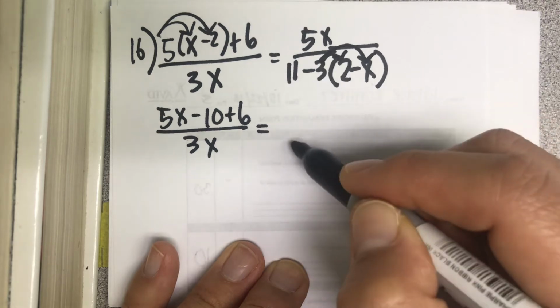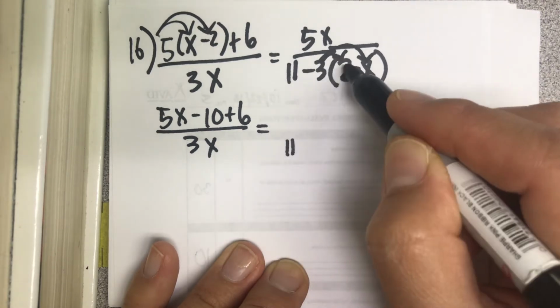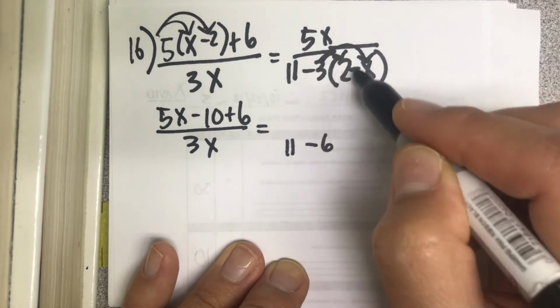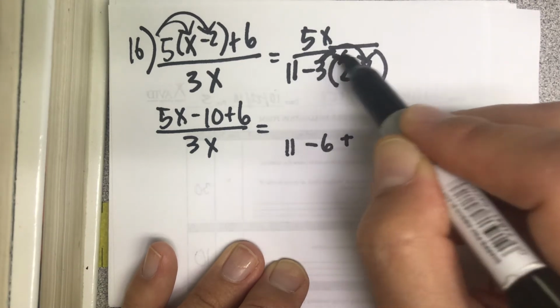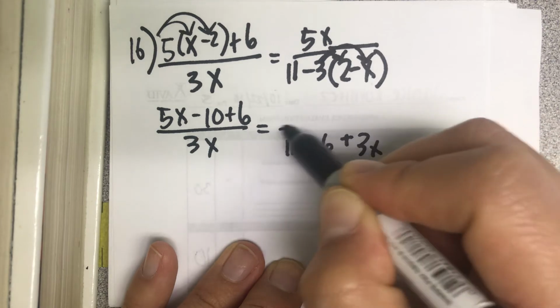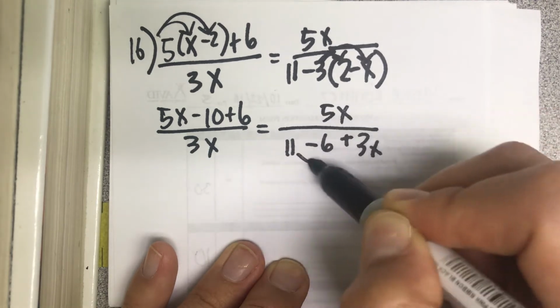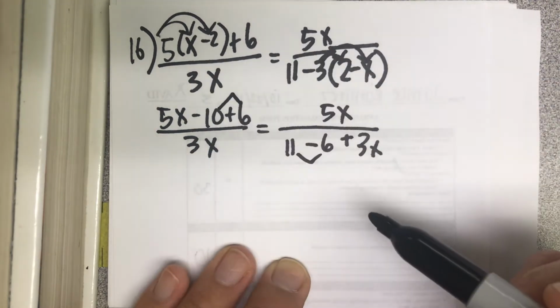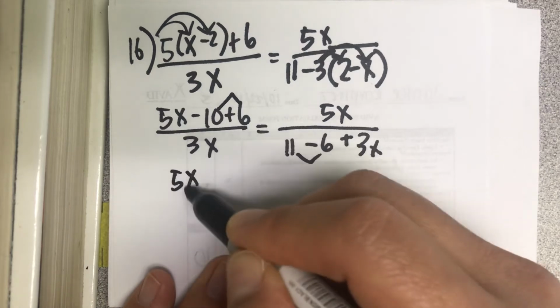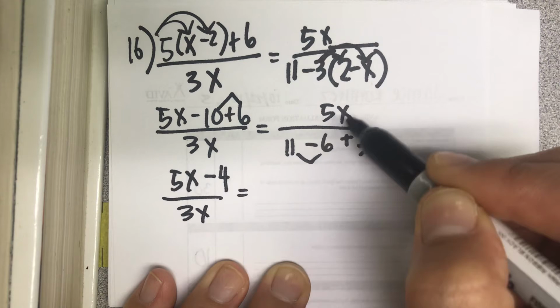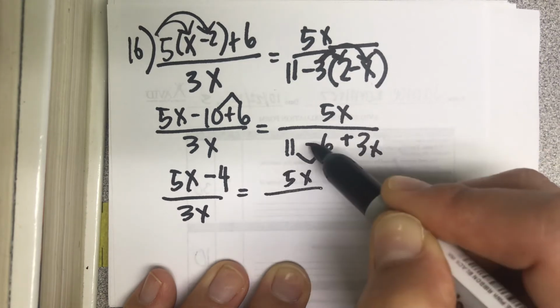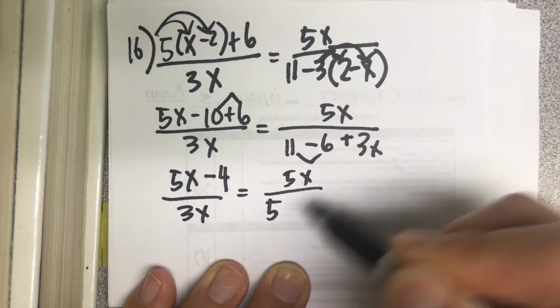Down here it's going to be 11, that's going to be minus 6, minus and a minus is a plus, minus and a minus is a plus, and then 3x, and then 5x. So let's join that and let's join that. Okay, that's going to become 5x minus 4 over 3x, and then on this side it's going to be 5x, and this is going to be 5 plus 3x.